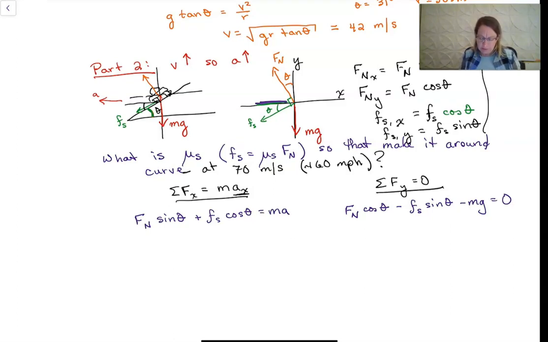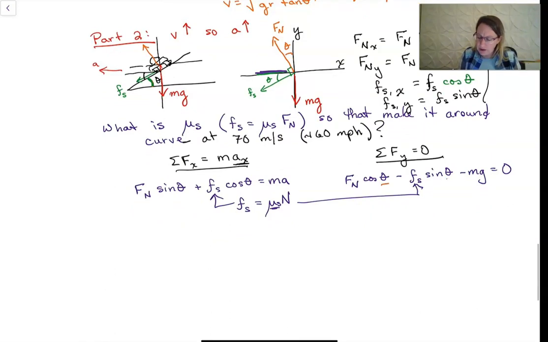Now this is kind of messy because I'm going to substitute in F sub s equal to mu times n, because what we really wanted was our mu sub s. Right, so I'm going to put that in here and then in here. And I still have a number of unknowns. I mean, I know theta, but I don't know this and I don't know mass. So I've got to do a little bit of algebra with this.